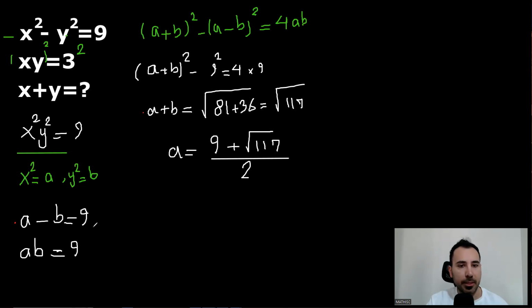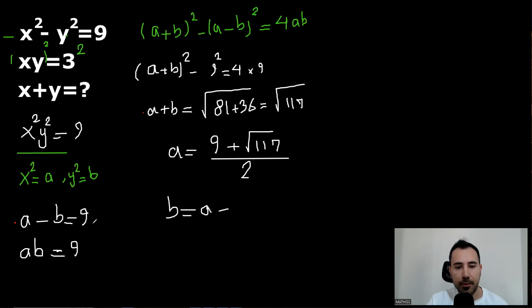And now we also need B. So from this equation again, B would be A minus 9. So I'm going to apply this. Put A in this equation. So B would become A minus 9.